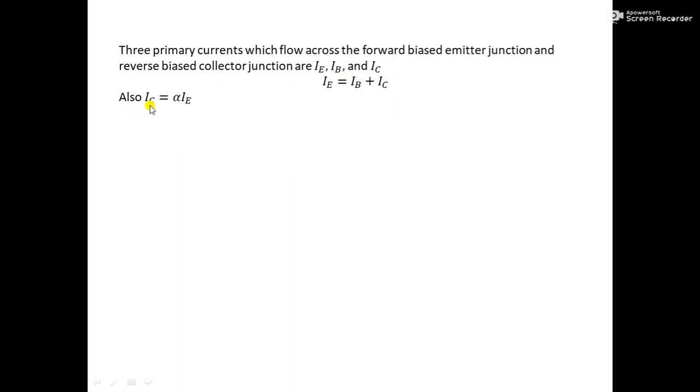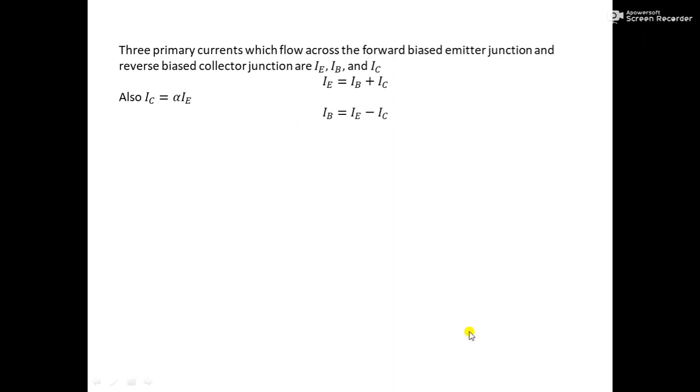The collector current is a part of the emitter current, multiplied by alpha, where alpha has a value very near to 1, so that most of the emitter current reaches the collector junction and the recombination at the base is as minimum as possible.